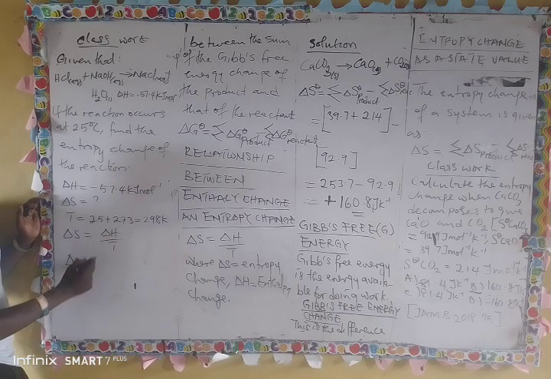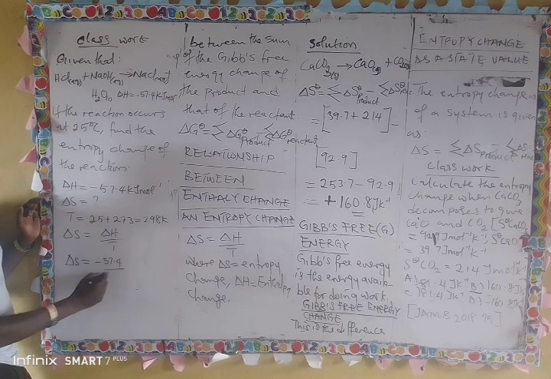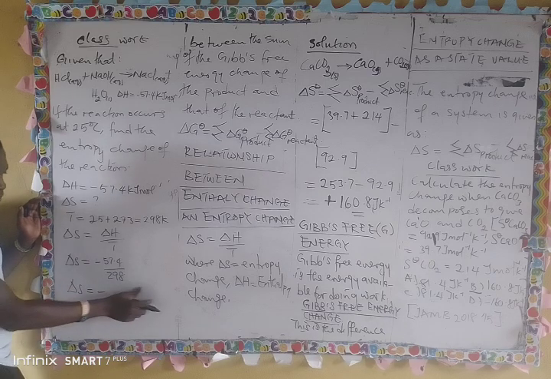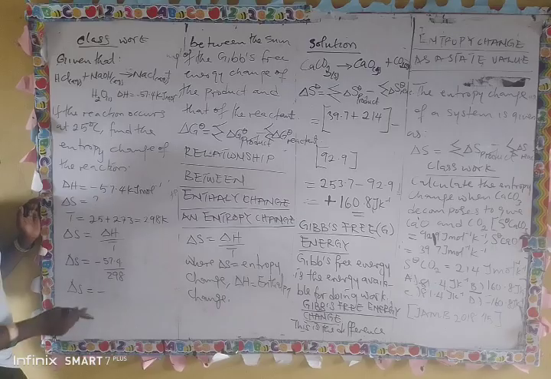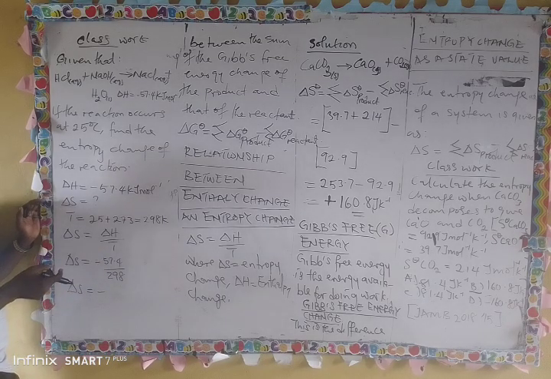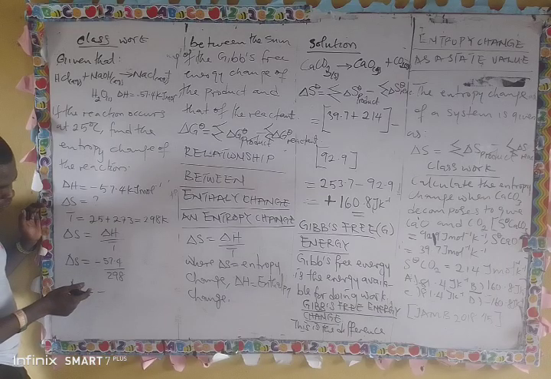Delta S will now be minus 57.4 over 298. What's our answer? Minus 57.4 divided by 298.